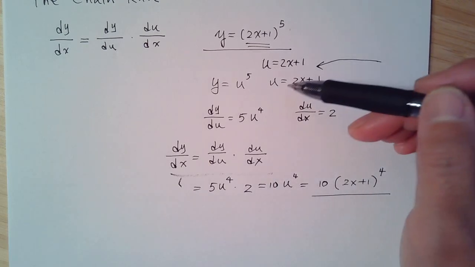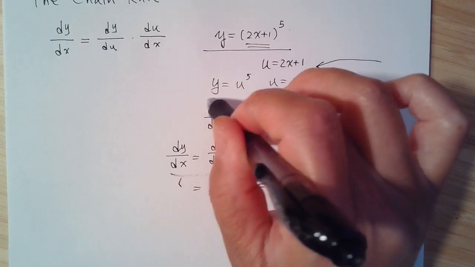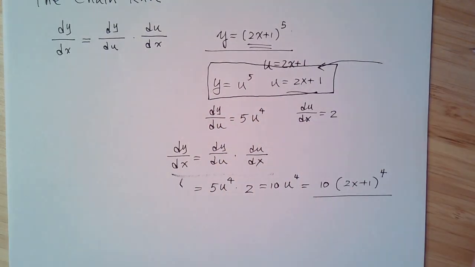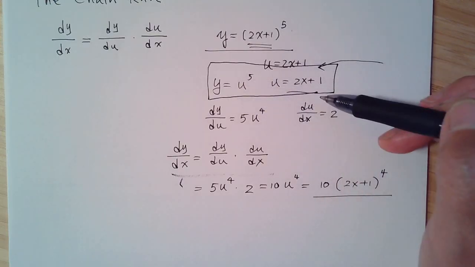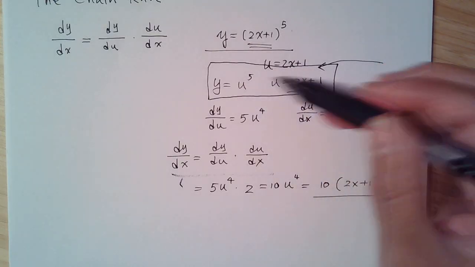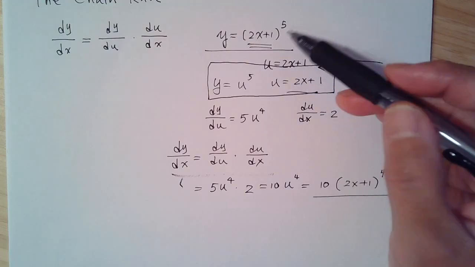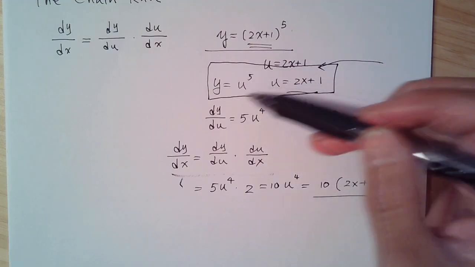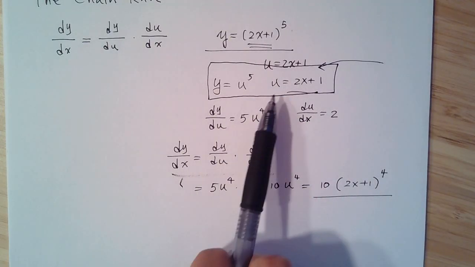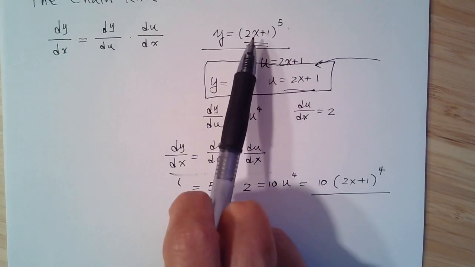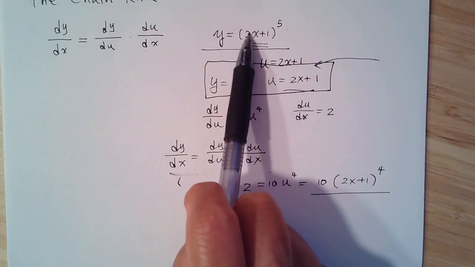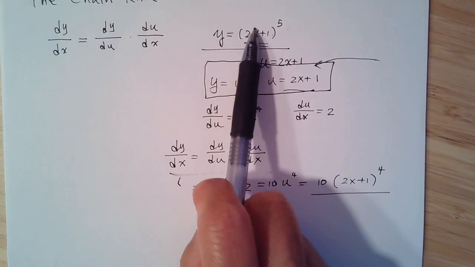Now you probably see that the key here is to find u, to find who is the middleman you're going to use. Once you get used to it, once you've done some exercises and get familiar with this, you don't really need to write this out. But at the beginning, if you want, you can write it out. When you put u as that 2x plus 1, you can treat this as one letter, an invisible u here.